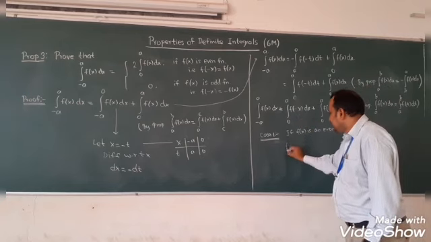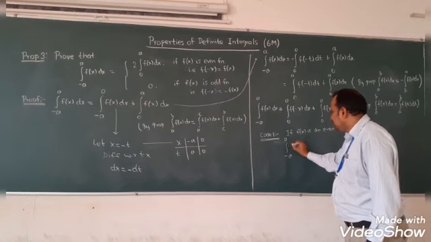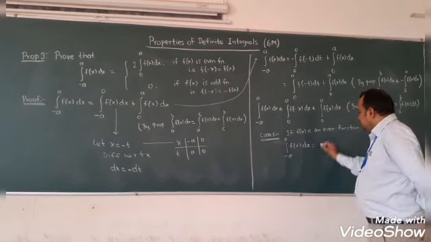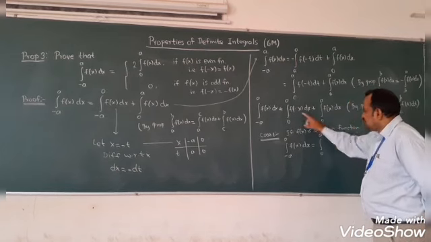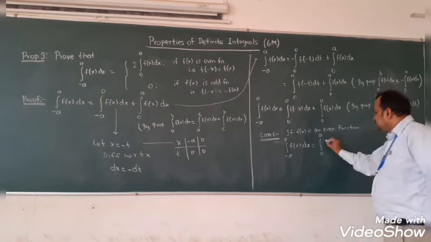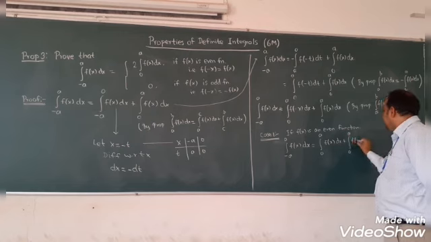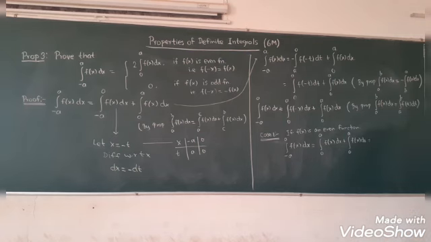Here I can say integral minus a to a f of x dx is equal to 0 to a f of minus x, which is f of x, so 0 to a f of x dx plus, here I can say what? 0 to a f of x dx. Now how many times f of x dx came? So can I say 2 times? So here I can say this is nothing but 2 times integral 0 to a f of x dx. I hope it is clear.